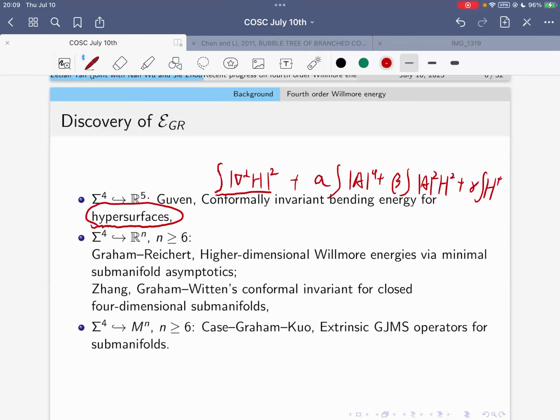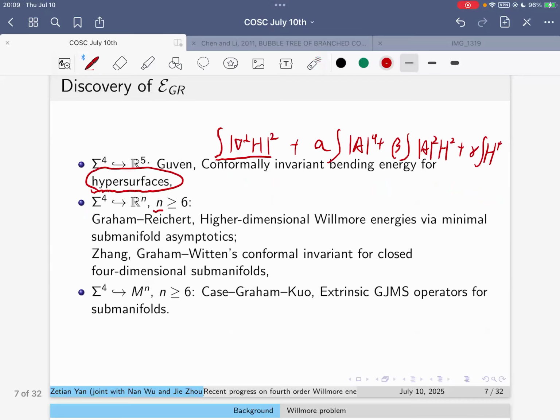And in general codimension, Rubin Graham and his student Richard, and Zhang Yongbing, a professor in China, reformulate Gover's functional and link it with something called renormalized area.